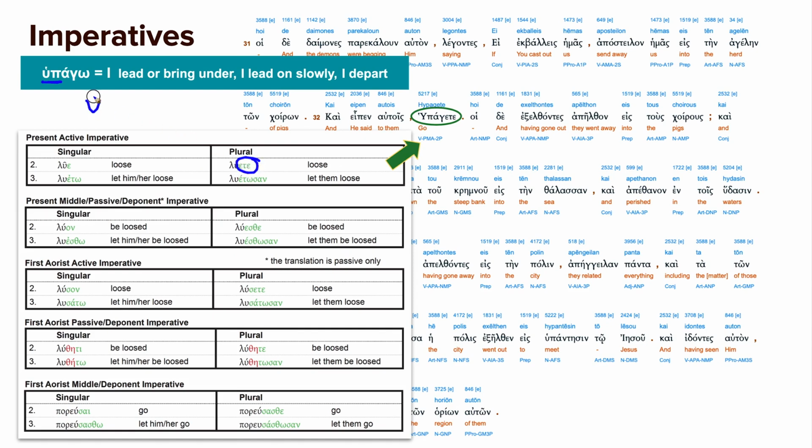So you take hupago, and then just add ete. And you keep your accent in the same place. Hupagete. So that's one of the simpler ways, and that would actually be the exact same as the present indicative active. It's just from context that you know it's the imperative second person plural.